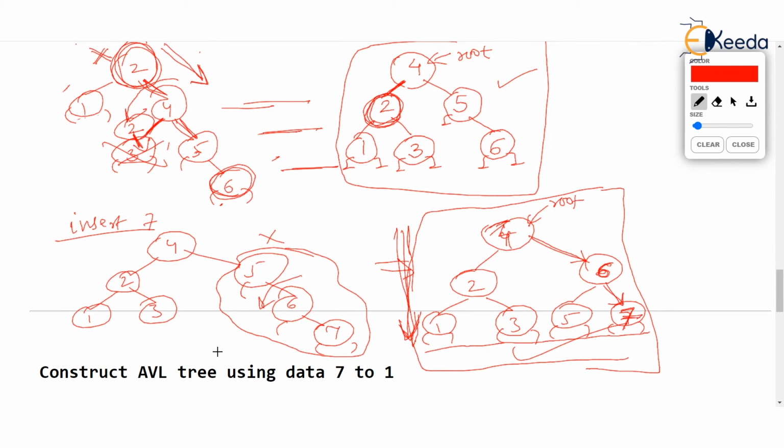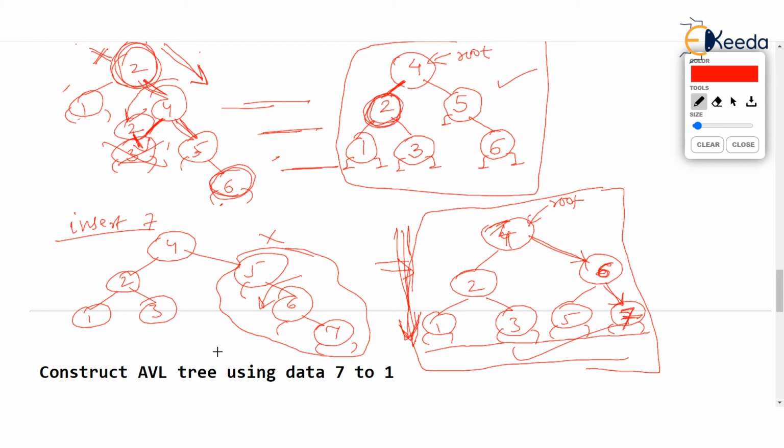First comparison with 4, second with 6, and third with 7. Hardly 3 comparisons you did and you had 7 values, 1 to 7, in your data set. And you will agree that maximum you will have to do 3 comparisons only, not more than 3. Come on, you have 3 levels here. So where is the question of doing more than 3 comparisons?